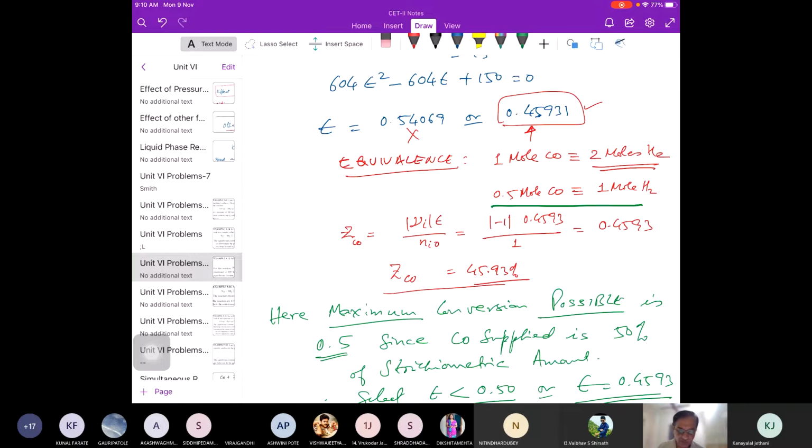So we had to select 0.45 and not 0.54. So there are different criteria. इसमें अगर ये करते तो 54% conversion मिलता था, which is not possible. Maximum possible is 50%. That's why we selected this value of 0.45.